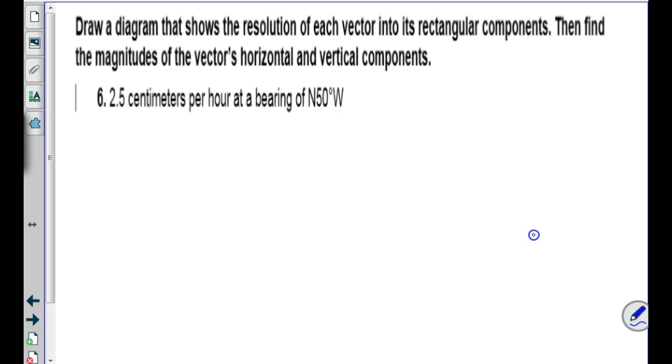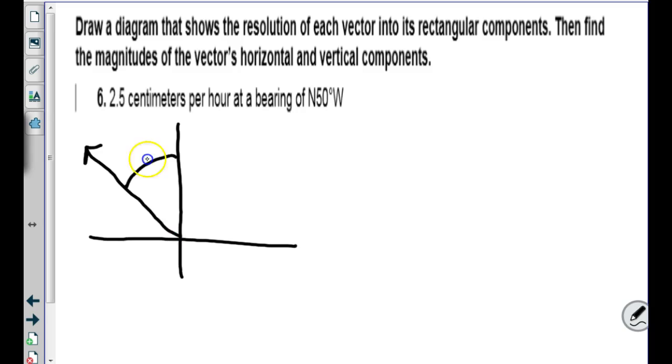All right, so where is this one measuring off of to start with? Off of north. Yes, off of north, 50 degrees would be a little more than halfway towards west. And it's 2.5 centimeters.